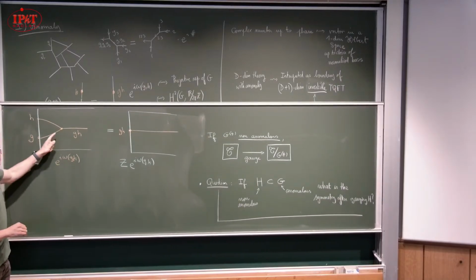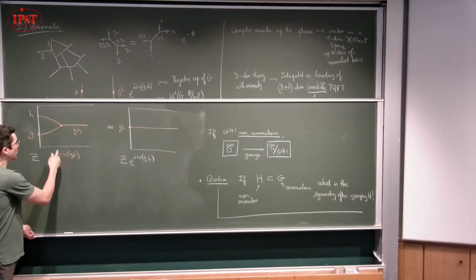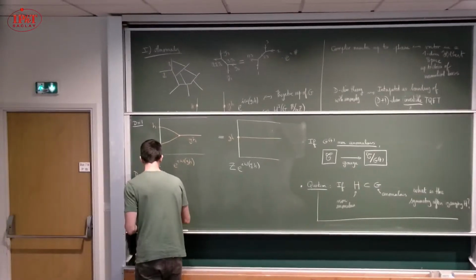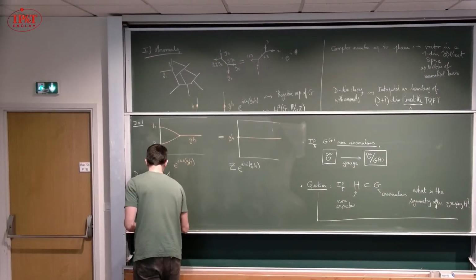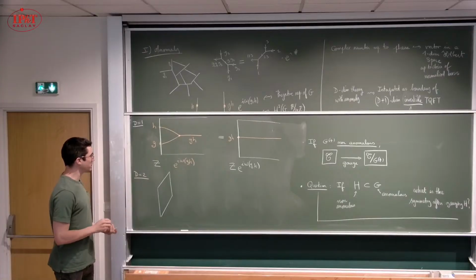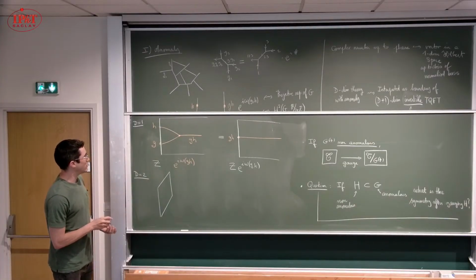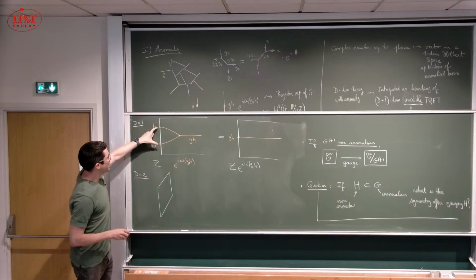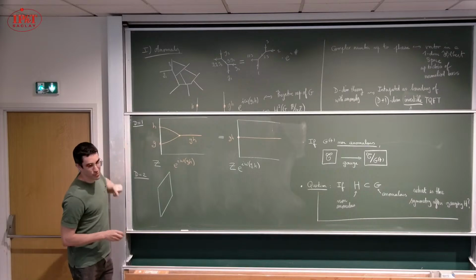So I will say a bit more what kind of theory gives that, but let's just draw one higher dimensional thing. So this was the d equal 1 case. Let's draw the same in d equal 2. So now the boundary is two-dimensional. That's the boundary. And now, what is the equivalent of this junction problem?